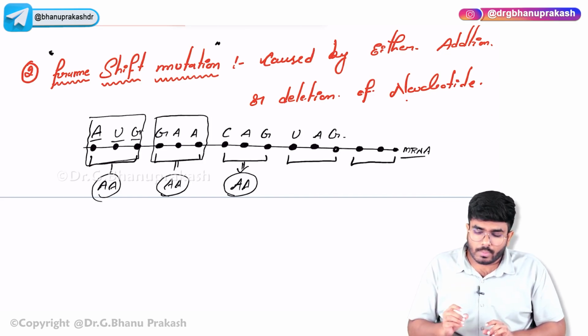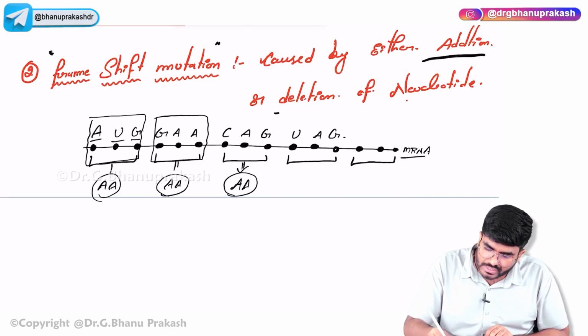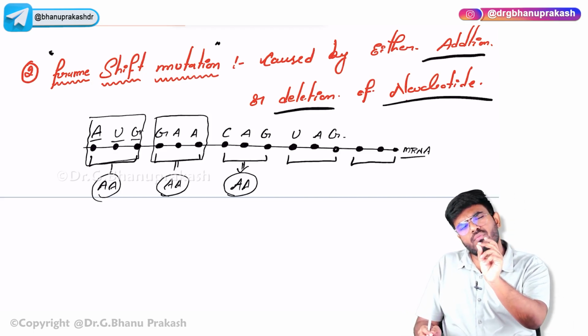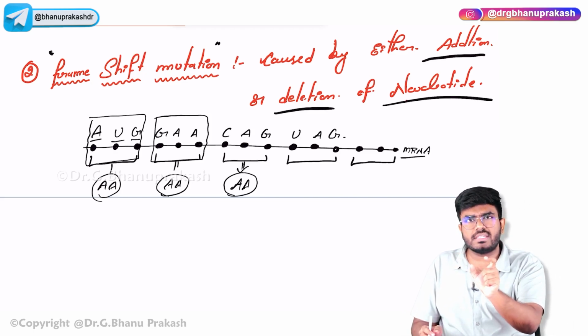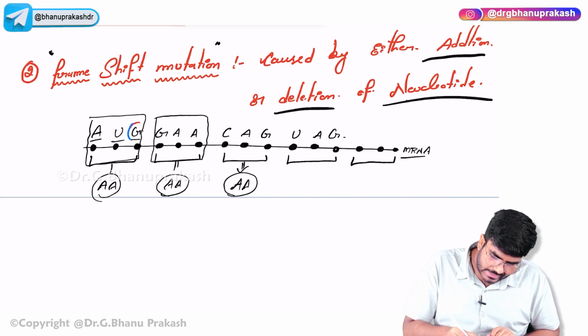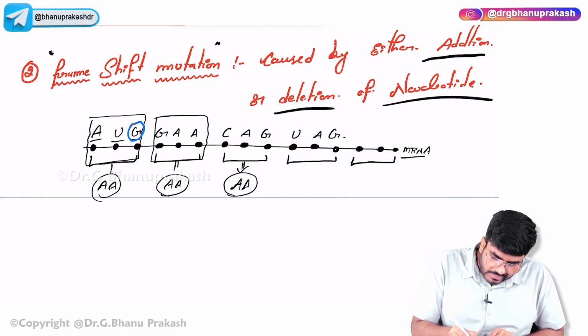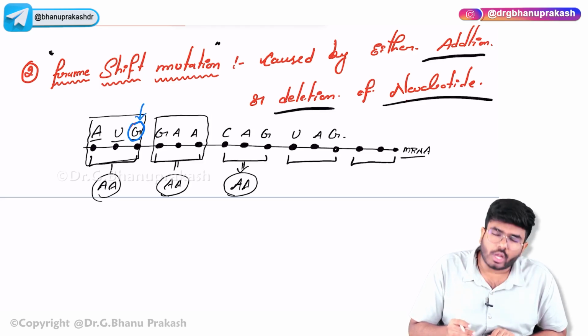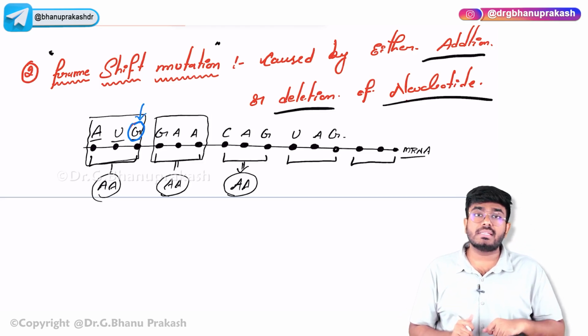Now, because of addition or deletion of a nucleotide, for example, one nucleotide is deleted, see what happens to this G. If this G is gone, that means deletion.